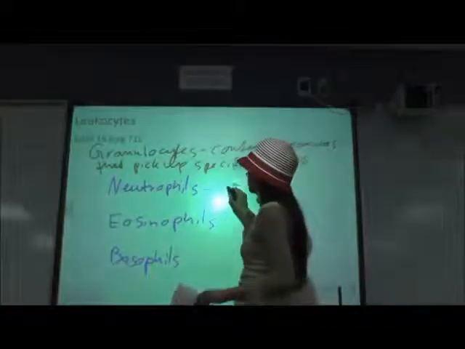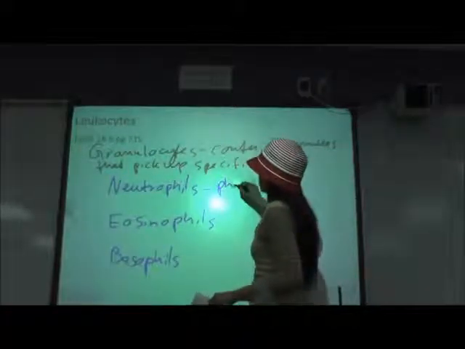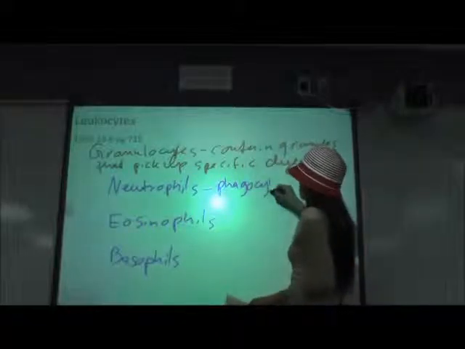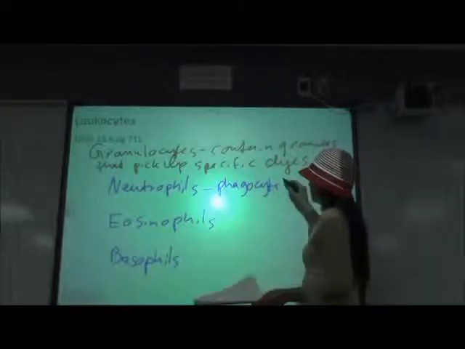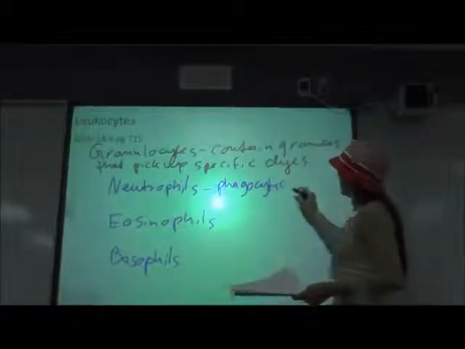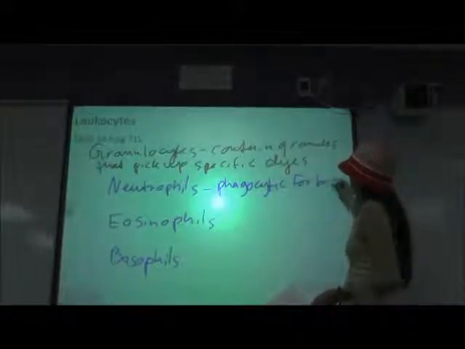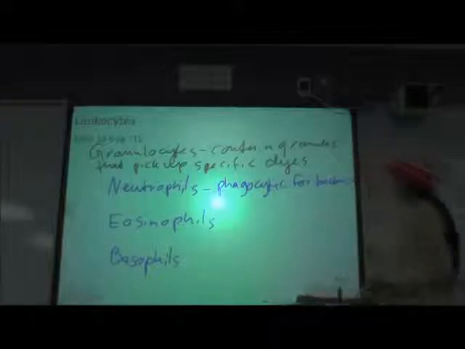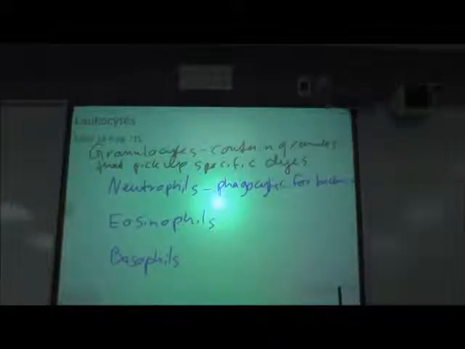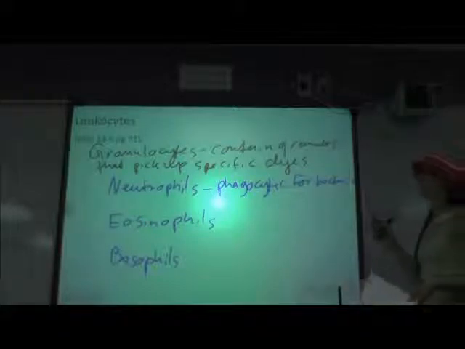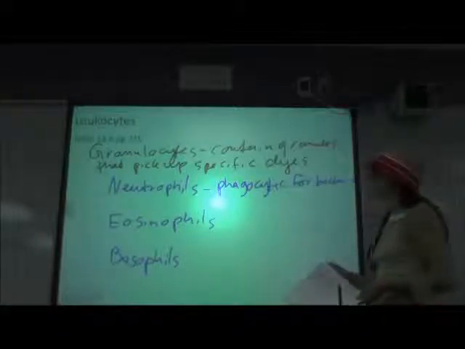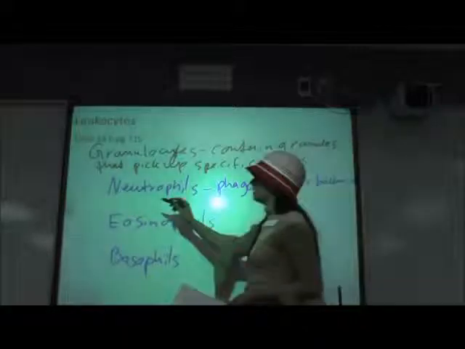So they eat bacteria. They're phagocytic, meaning that they eat things up, and what they eat is bacteria. And neutrophils are the highest white blood cells floating around at any moment by quantity in the blood. And so they gobble up bacteria. They're the major component of pus.